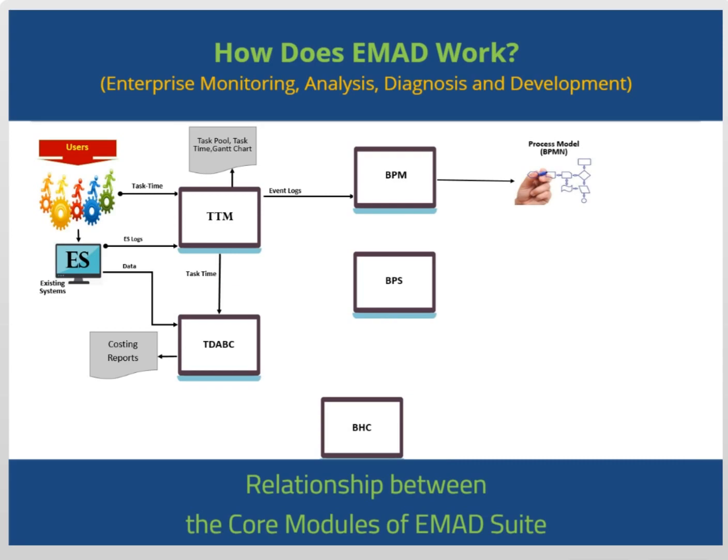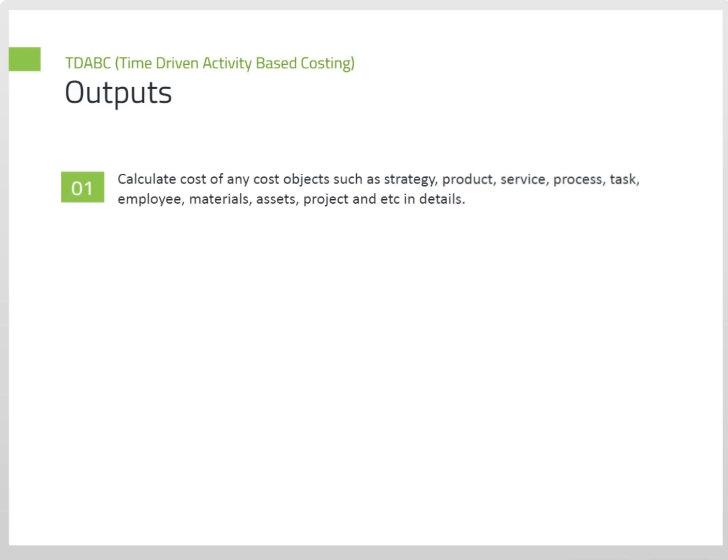This module generates reports to calculate costs of any cost objects such as strategy, product, service, process, task, employee, materials, assets, projects, and etc. in detail. Track costs for any cost objects.